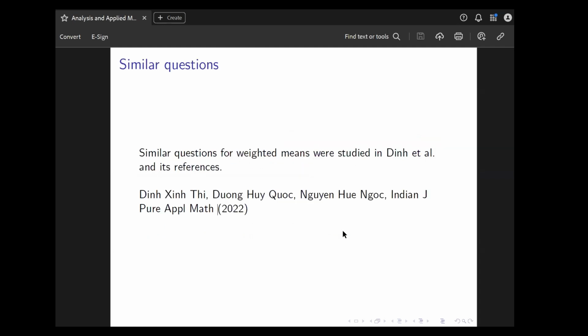These kinds of questions were studied for other means by many mathematicians. For example, a recent work from 2022 by Ding, Dong, and Nguyen in the Indian Journal of Pure and Applied Mathematics. They considered the problem for weighted means, only a special case of the problem.